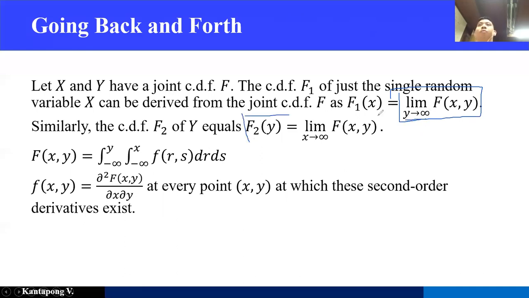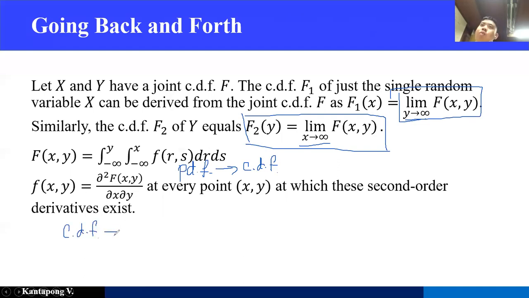Similarly, if we want to get rid of x to find the cumulative distribution of y, we take x to infinity. Going from PDF to CDF is just the double integral, and if we want to go from CDF to PDF, we take the partial derivative two times.